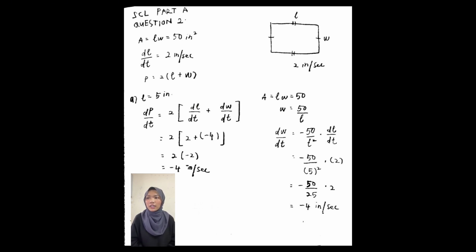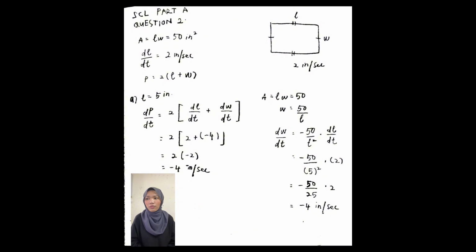In order to find dW/dt, we can first start with the information of area equals L times W equals 50, which can also be arranged as W equals 50 over L. Then differentiate it as dW/dt equals negative 50 over L squared times dL/dt.